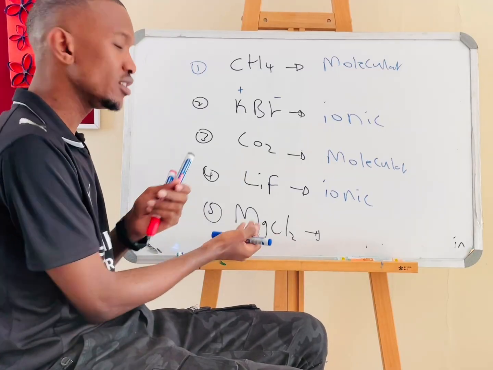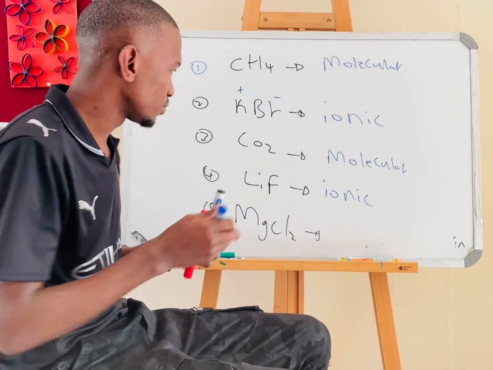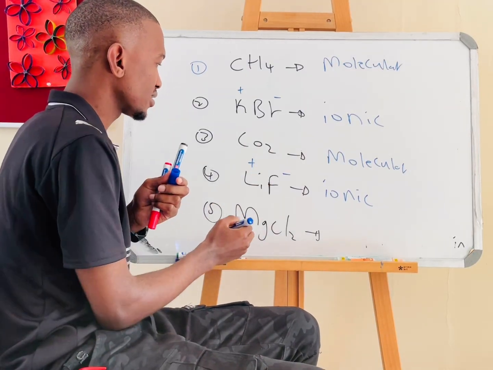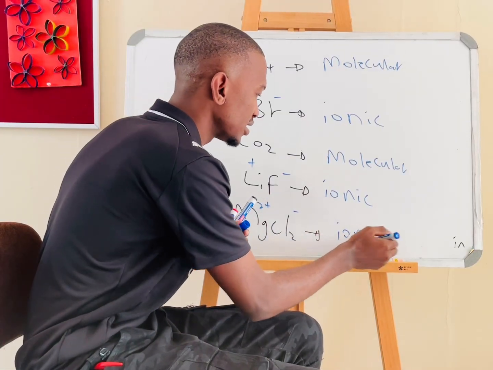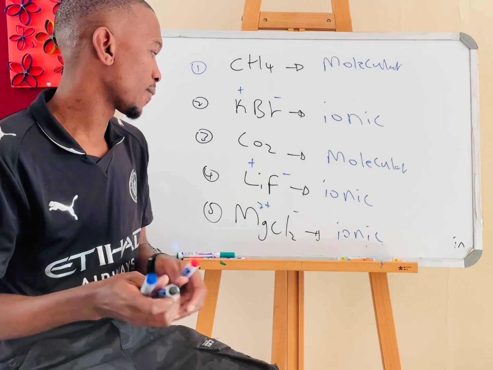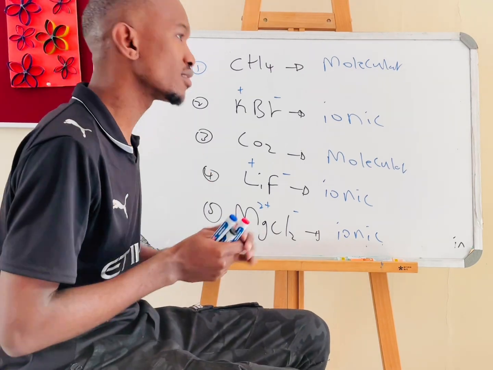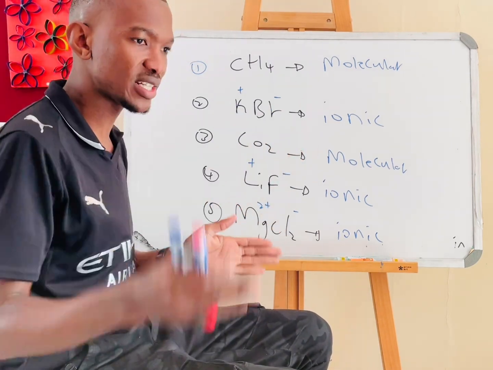Here you have Mg, a metal, and Cl. So it's a 2 plus, and a minus. Then you also have an ionic compound or ionic substance. Remember that for ionic substances, we always have a metal and a non-metal.